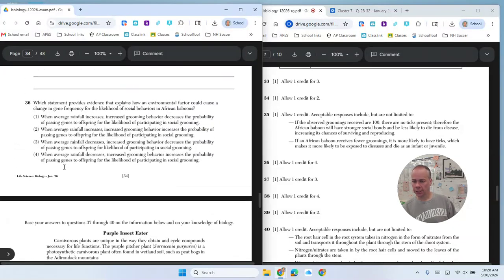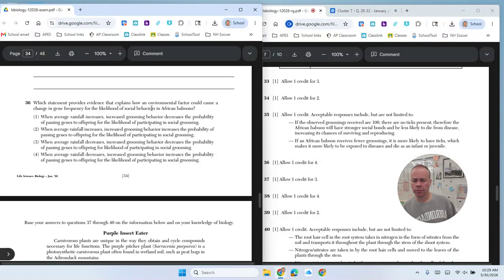Question 36. Which statement provides evidence of how an environmental factor could cause a change in gene frequency for the likelihood of social behaviors in baboons? Again, you need to read all of the choices and figure out what's correct and what's incorrect.